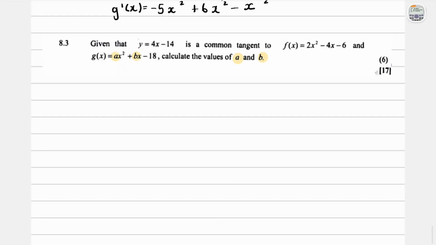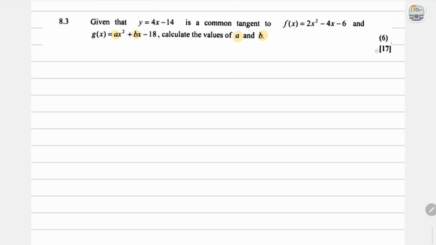So we have a common tangent first of all. Please notice that this tangent is an increasing function because it has a positive gradient. Okay, so it maybe looks like that, right? So that is the y equals, and it may not take so much space, so we'll just put it here. Y equals 4x minus 14, right? We have that.